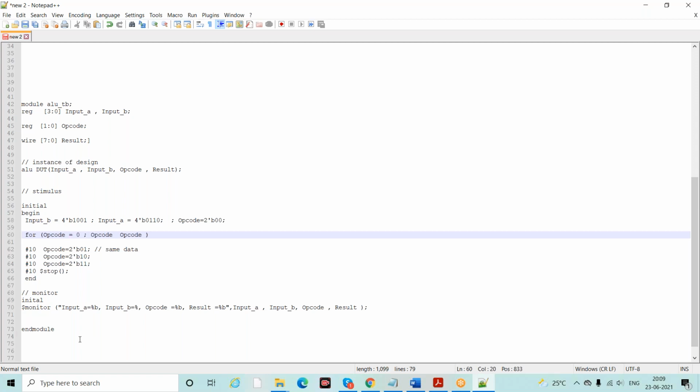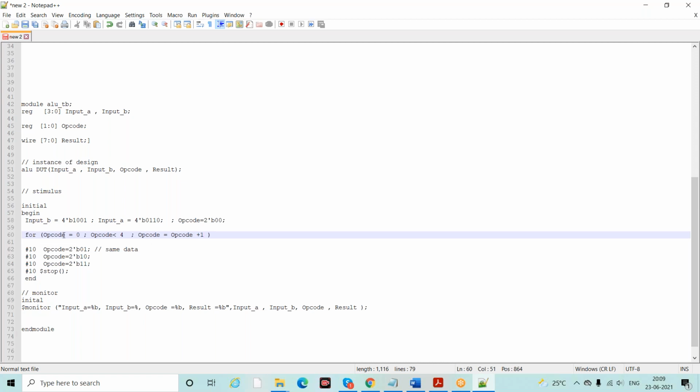Opcode plus 1. Opcode plus 1, because opcode plus plus will not work. That is SystemVerilog syntax.